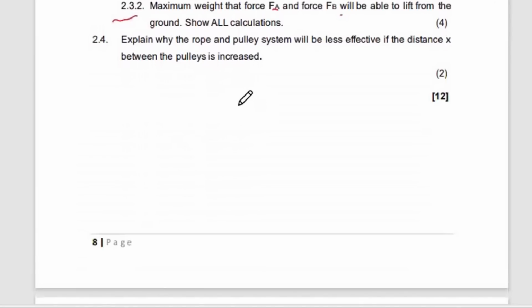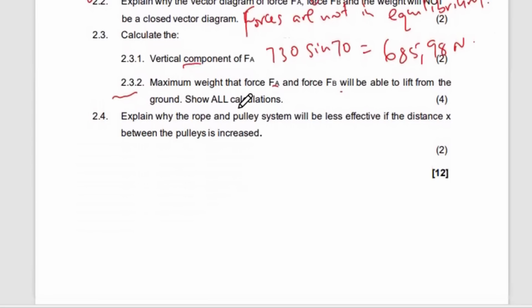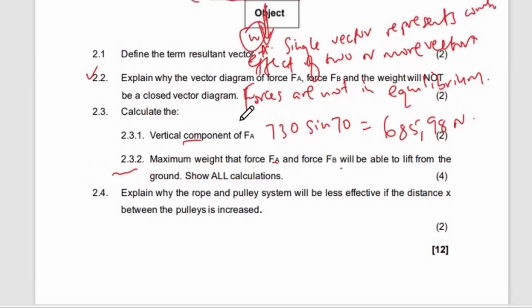Then 2.4, explain why the rope and the pulley system will be less effective if the distance increases. So what is going to happen is that there's going to be loss of mechanical advantage, because these pulleys are meant to make the lifting of the block much more easier. But now, if you increase the distance, it will be like you're lifting a block using ropes by the sides, which is a bit harder, okay, compared to if the ropes were in this sort of direction.